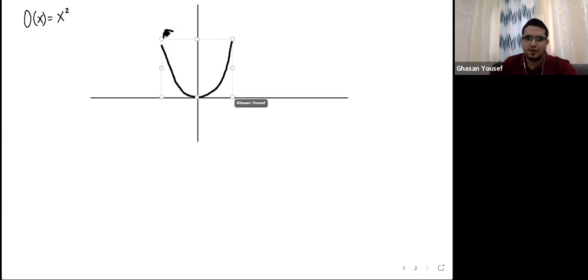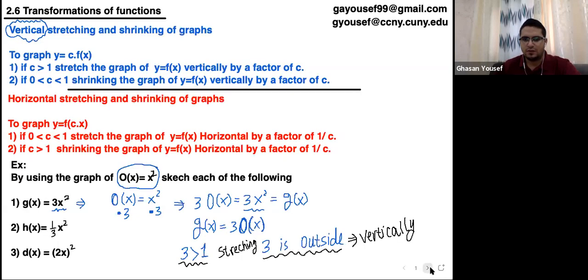So first of all, you have to graph the function o of x. This is the first step. Then the second step is to graph the function g of x equal 3o of x.